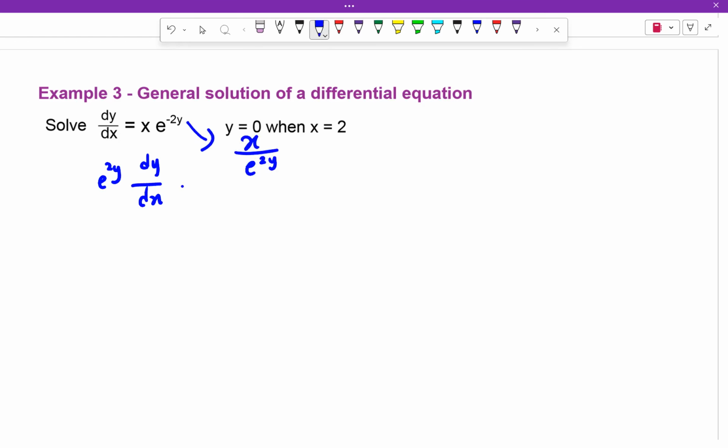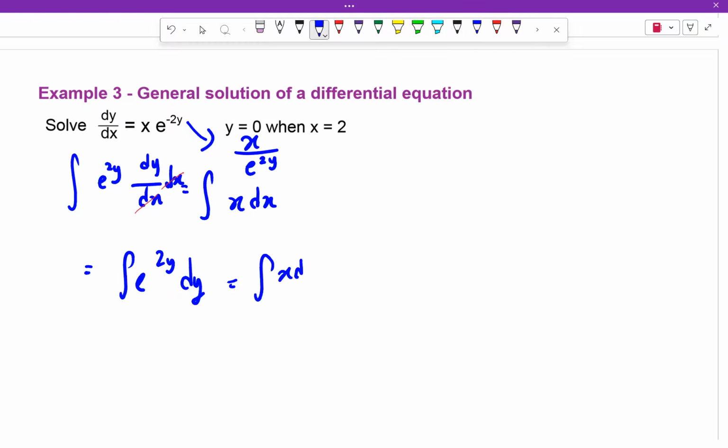So in this case, integral of dx over the x, and then integral of dx. Cancel that out together. It will become e to y dy equals to integral of x dx. So final part, it will be 1 over 2 e to the power of 2y equals to x squared over 2 plus c.